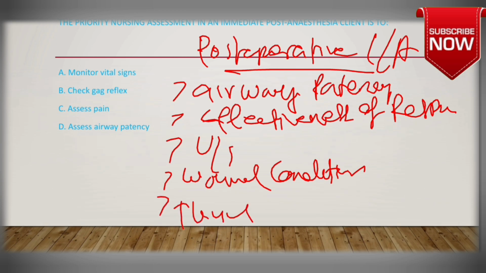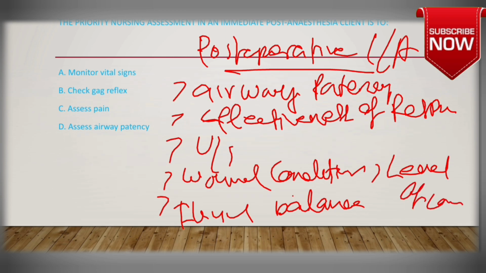Fluid balance, including IV fluids, output from catheter and drains, and patient's ability to void. Then level of consciousness. Assess the patient's level of consciousness and assess the pain level.